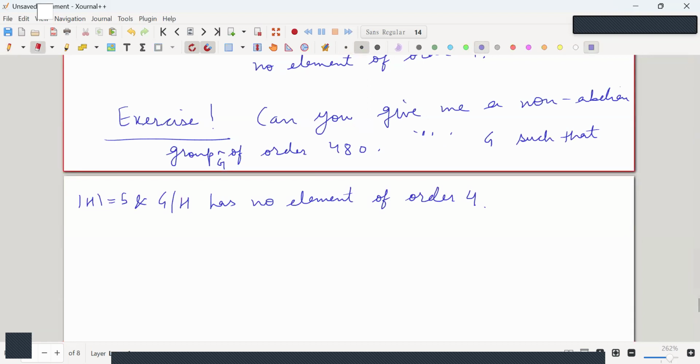So I have constructed an abelian group. Now can you give me a non-abelian group? You understand the question? Yes, sir.